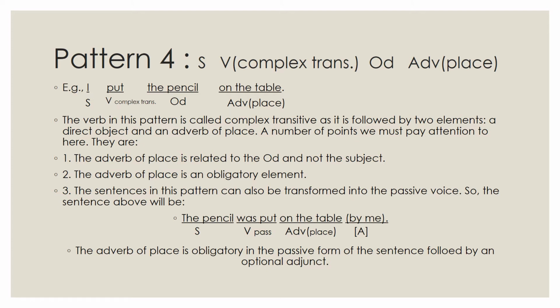If I say I put the pencil and stop, what do you think of my sentence? Does it have a complete idea? Is it a meaningful sentence? Of course not. So I have to tell my listener about the exact place, the exact position of the pencil. So that's why the direct object should be complemented by the adverb of place.